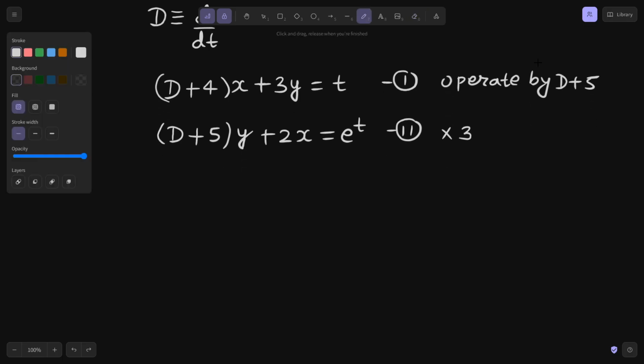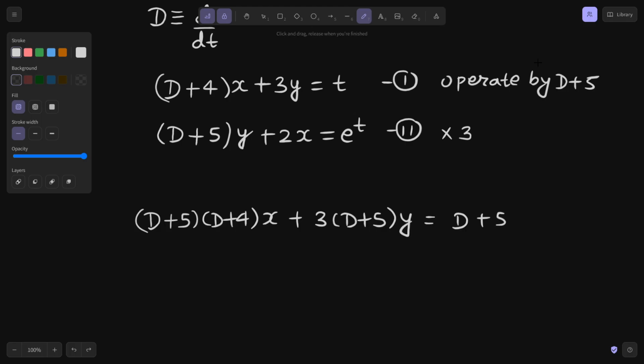So my first equation will become D plus 5 operating on D plus 4 x plus 3 times D plus 5 operating on y equals D plus 5 operating on t.